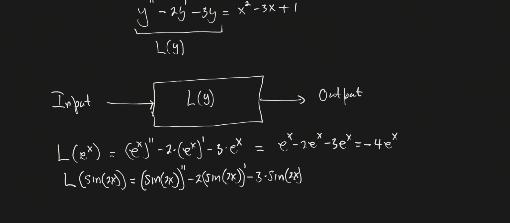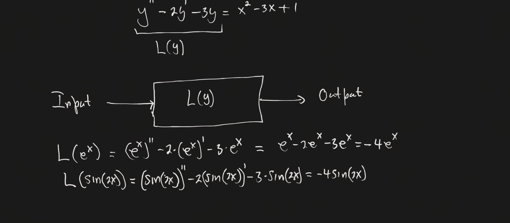Now, clearly, when I plug an exponential function into my special function, it gives me another exponential out. If I plug this trig function in, and we want to see the details, when I differentiate sine of 2x twice, and you can verify, you're going to get negative 4 sine of 2x.